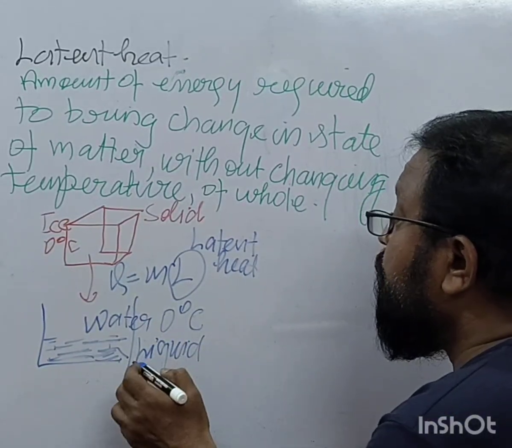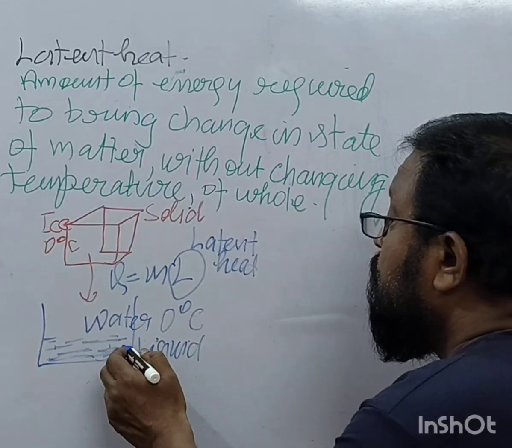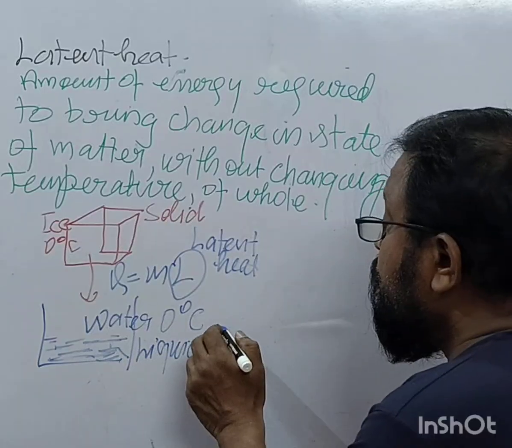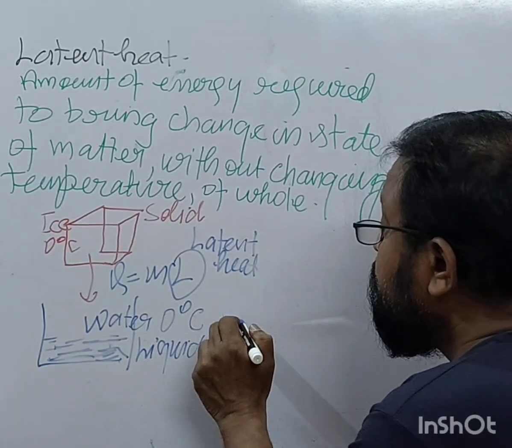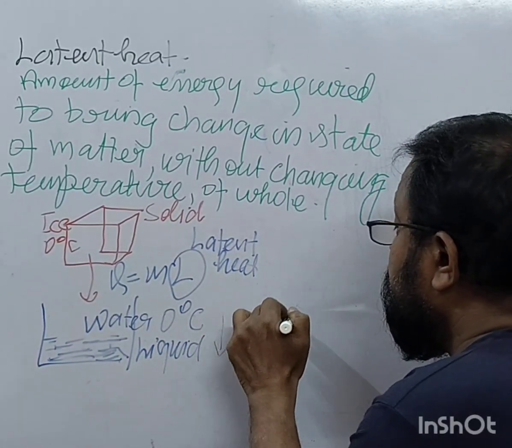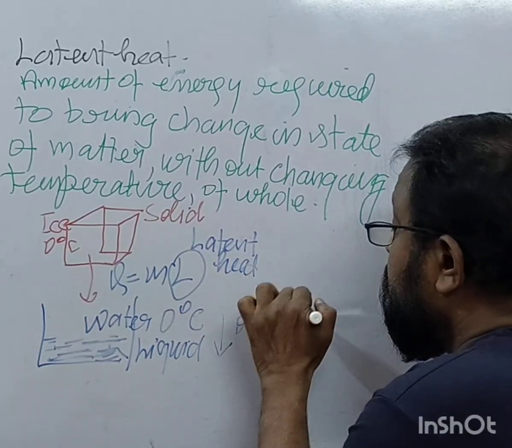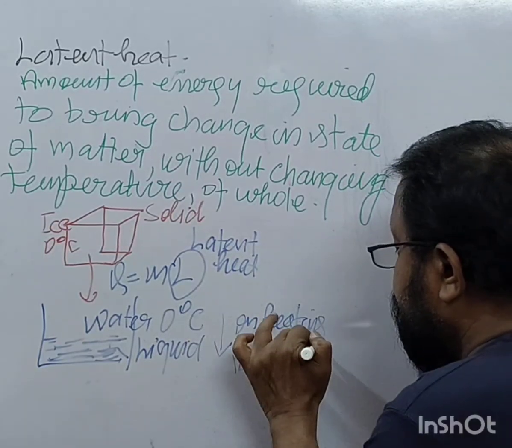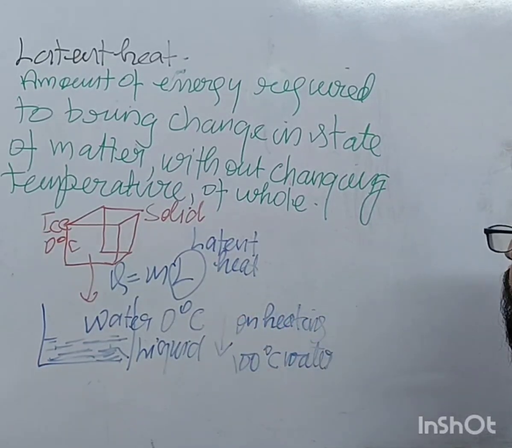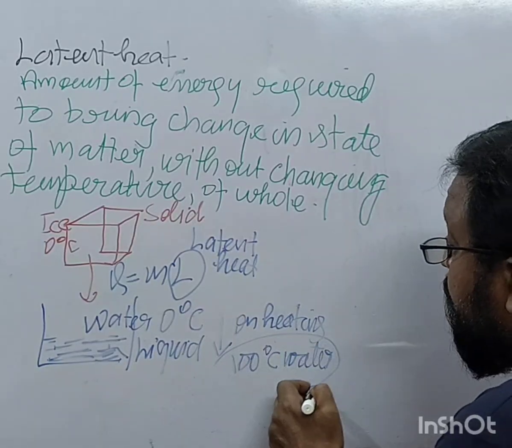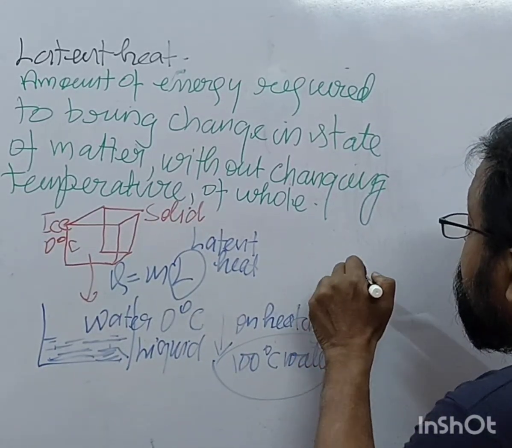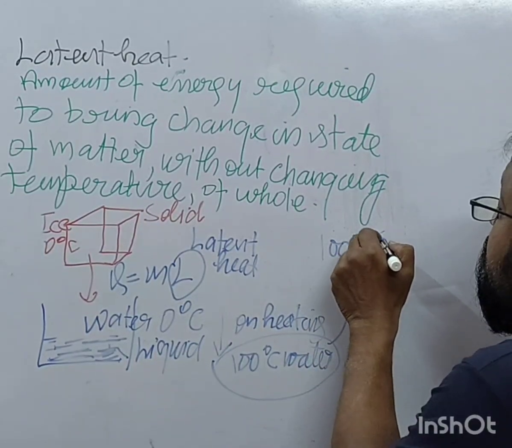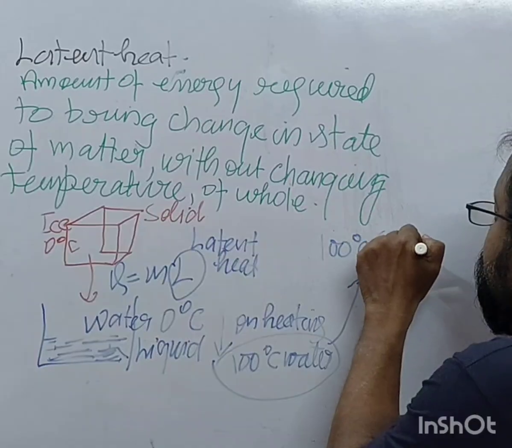And when this water, on heating, 0 degree water comes to 100 degrees Celsius of water. ये जो 100 डिग्री सेल्सियस ऑफ वाटर है, that converts into 100 degrees Celsius of water vapor, steam, right?